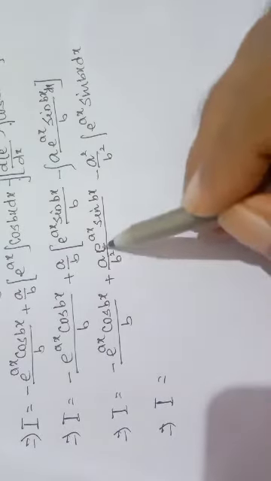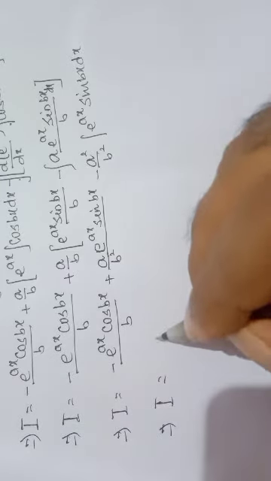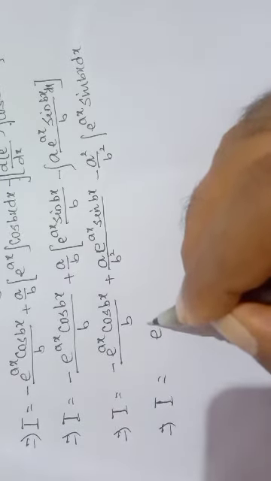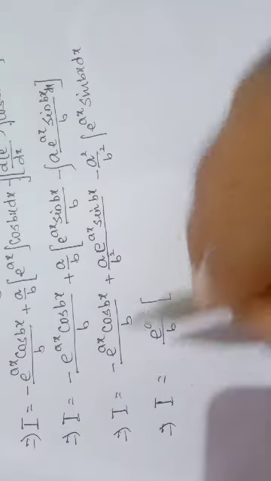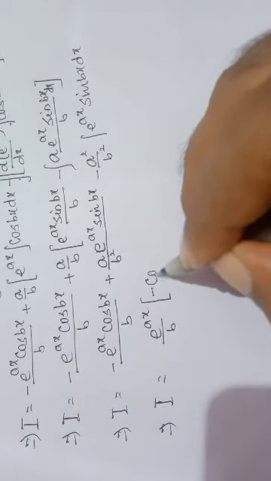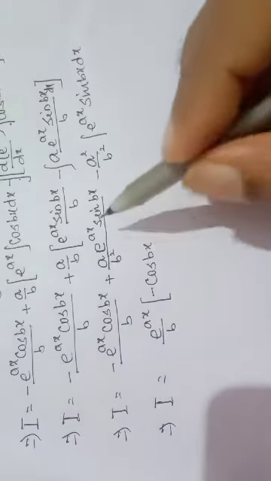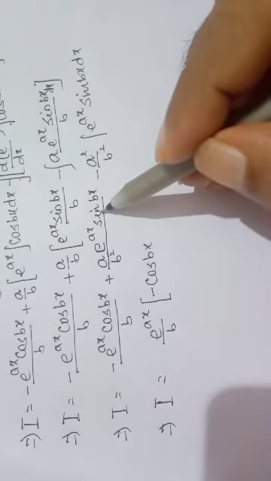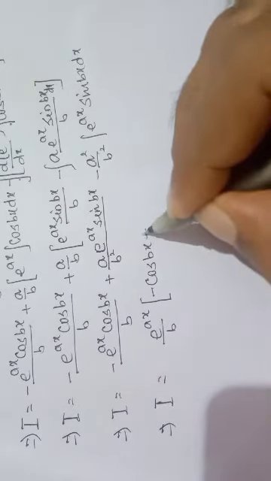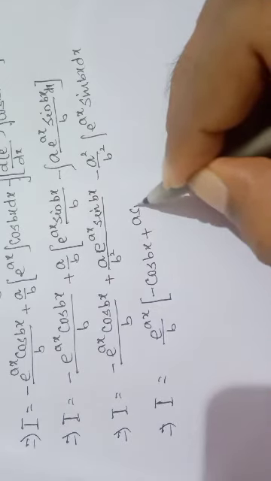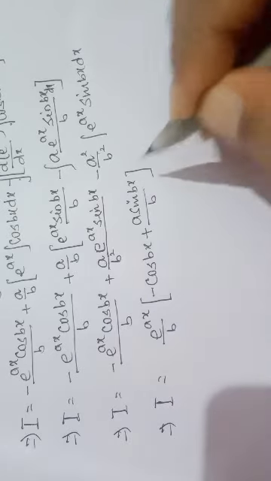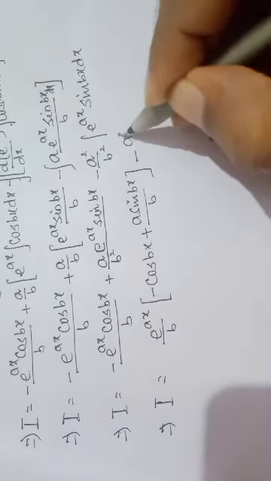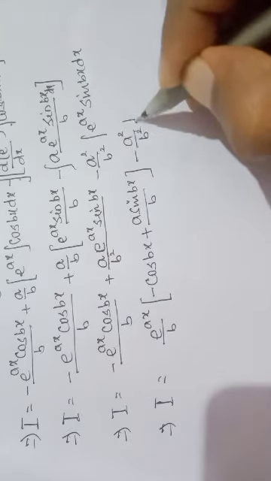So I should be equal to, between these two terms take out common e to the power ax upon b. How much is left? Minus cos bx plus a sin bx by b, and this should be written as a square upon b square into I, which is that question.